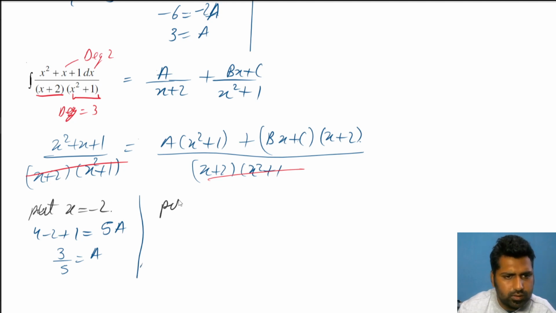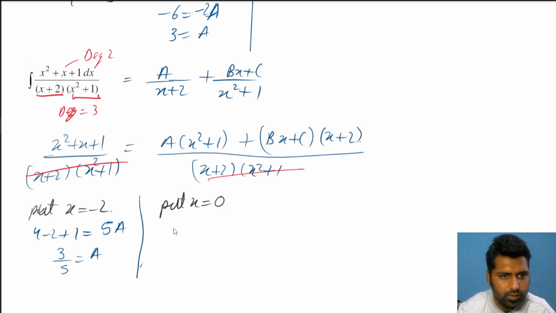Next, can we generate 0 now? No more zeros can be generated, so directly put x as 0. The benefit will be this term, b will become 0 this time at least, so you'll get the value of c.